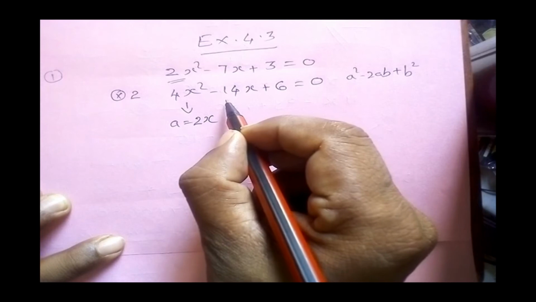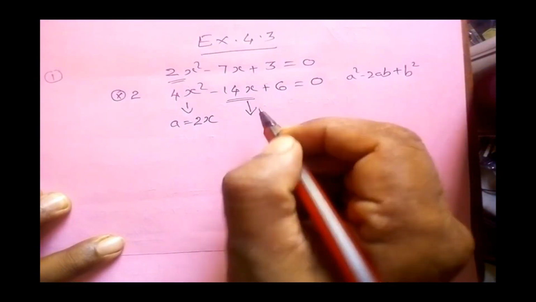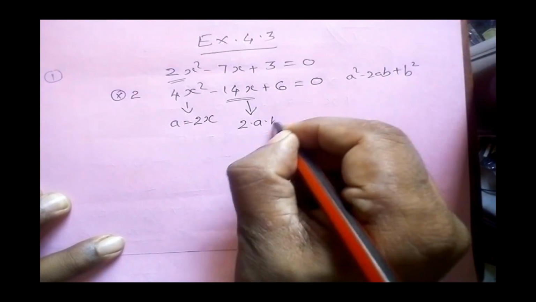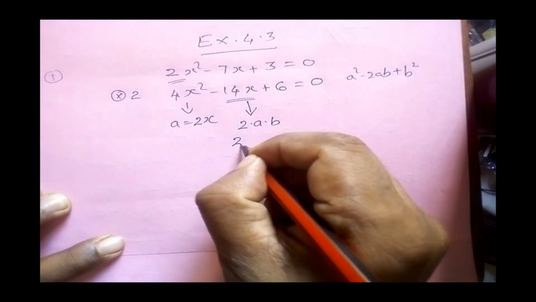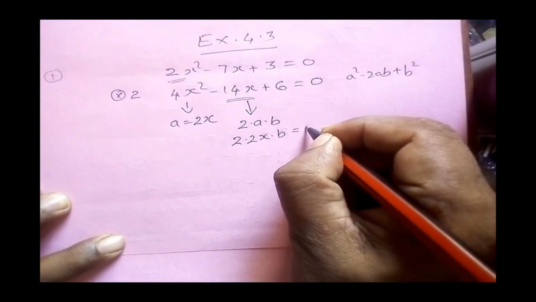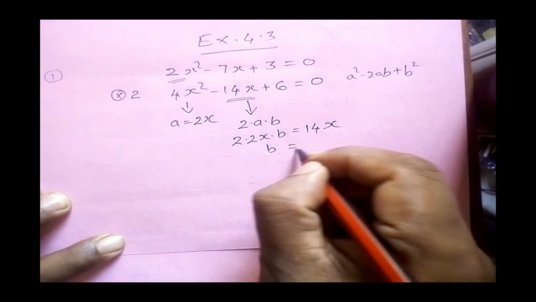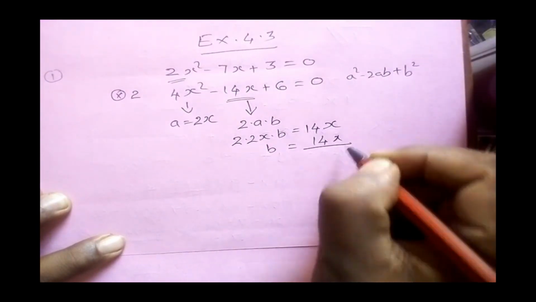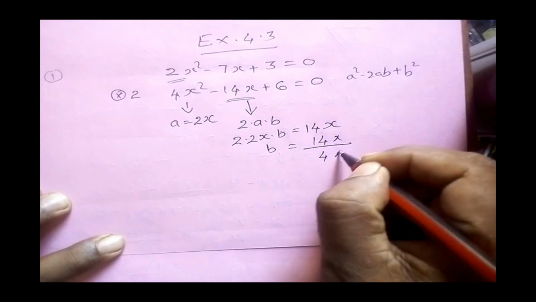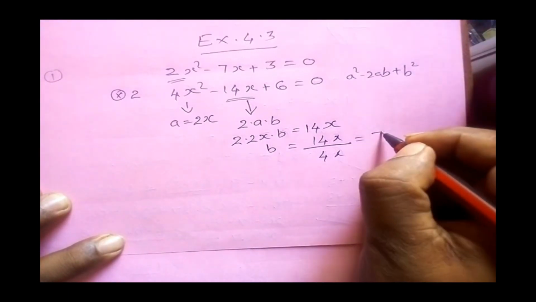But the middle term is equal to minus 14x. So this is actually the term 2 into a into b. That means 2 into 2x into b equal to 14x, or b equal to 14x divided by 4x. That is equal to, x and x getting cancelled, 7 by 2.